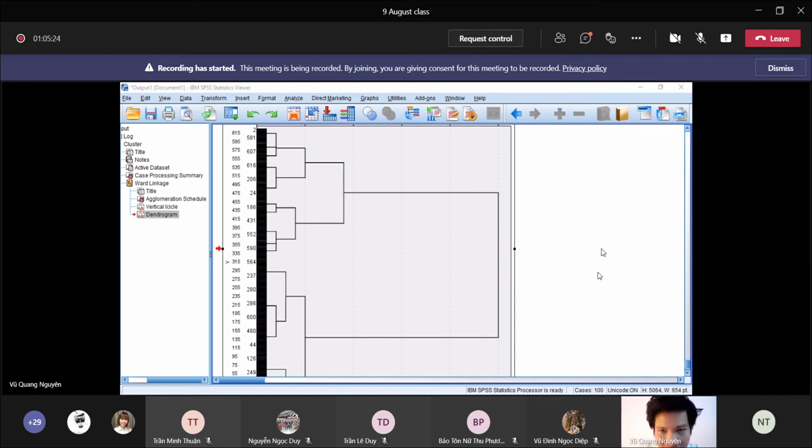Okay, how to use this dendrogram? I will print screen and put it in PowerPoint so I can draw for you.